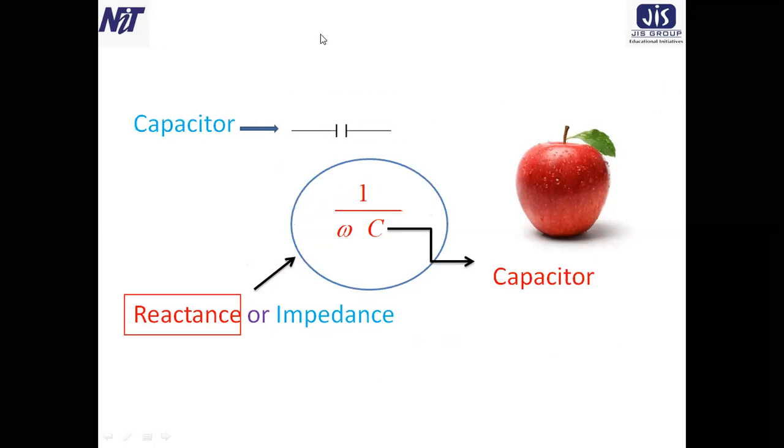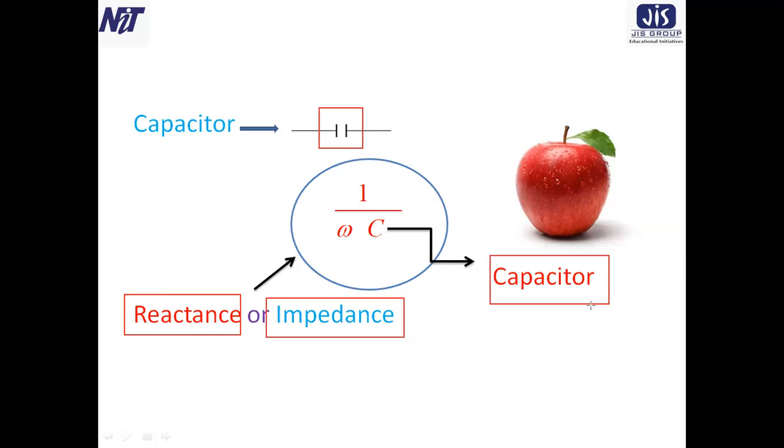What is this? This is the capacitor. So like the previous slide, what is the measure of the capacitor? Reactance or impedance. What is C? C is the capacitor. So what is the name of this reactance? This is called the capacitive reactance.